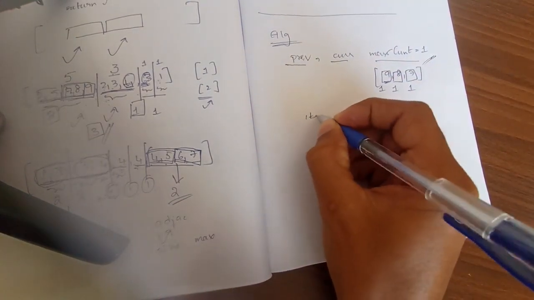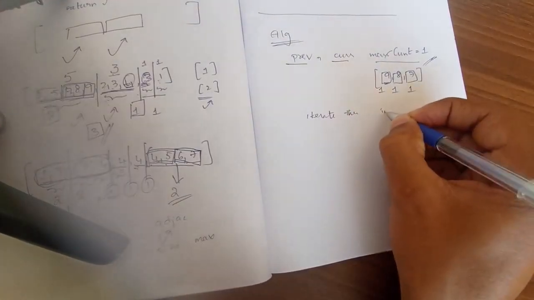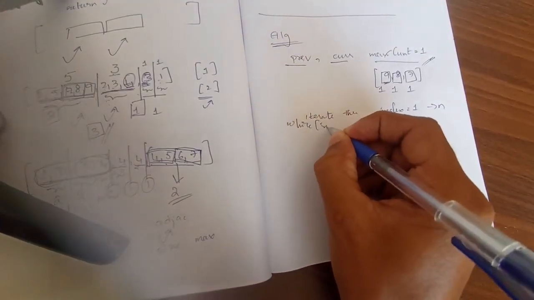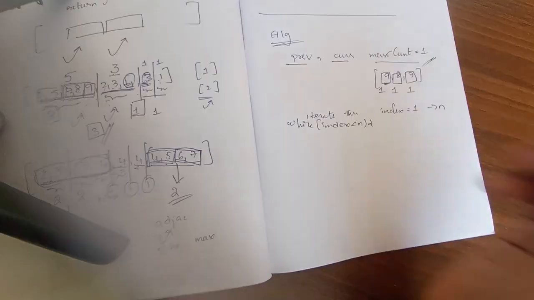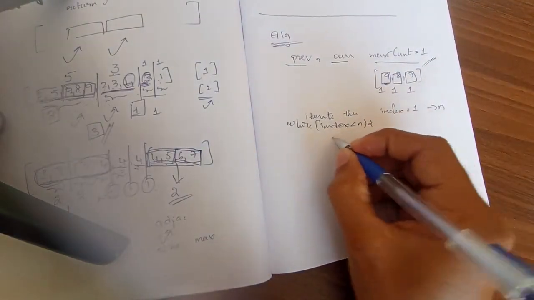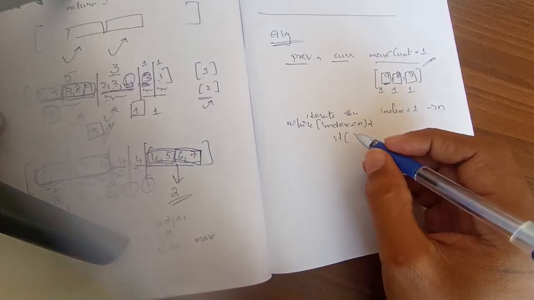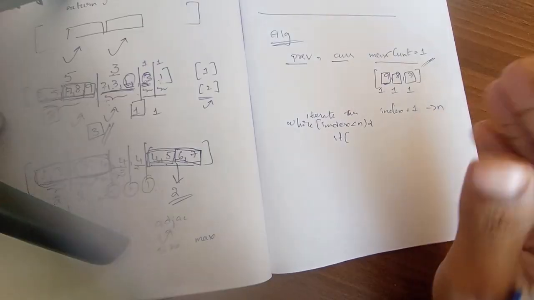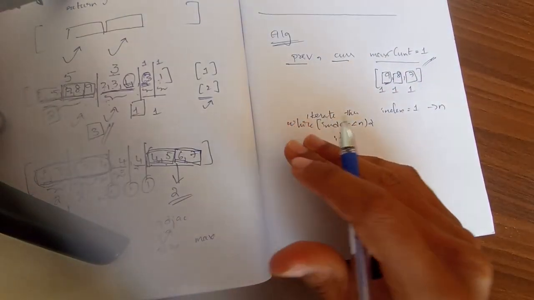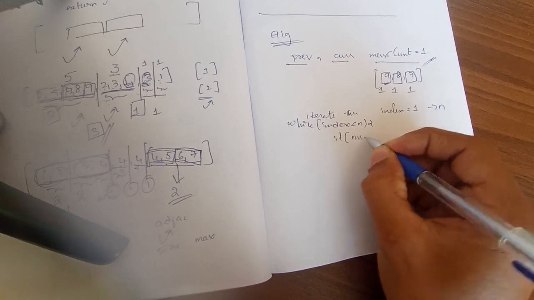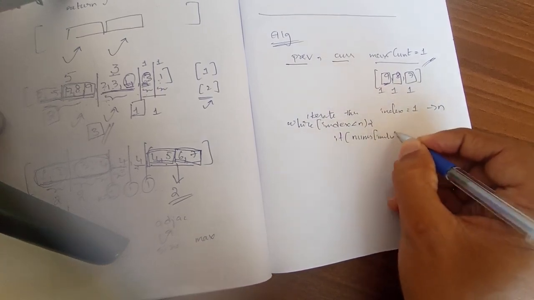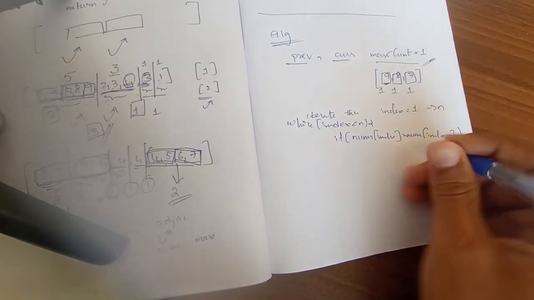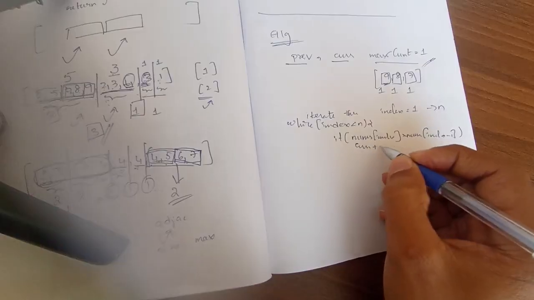Then we need to iterate the array from index equal to 1 to n. So while index is less than n, if the number at the current index is greater than the number at the previous index, that is nums of index is greater than nums of index minus 1, then we increment the current.